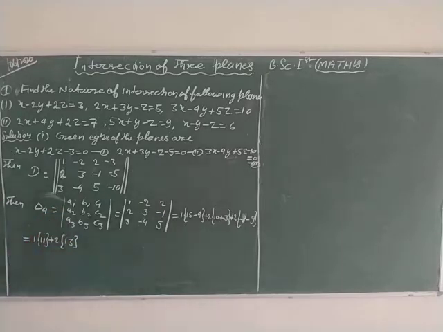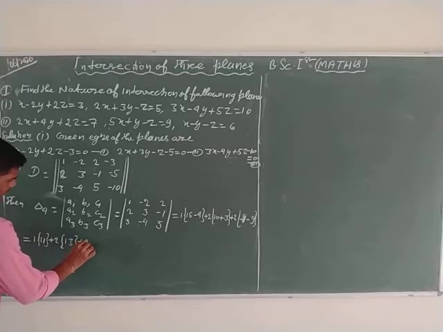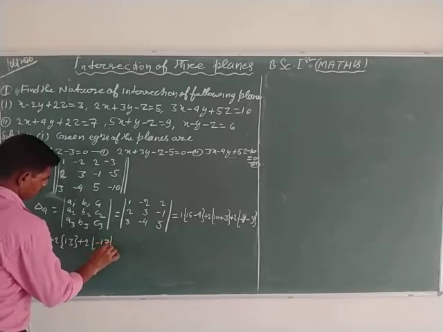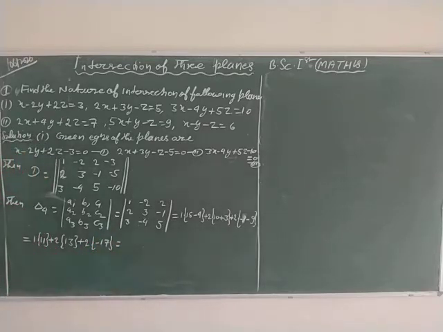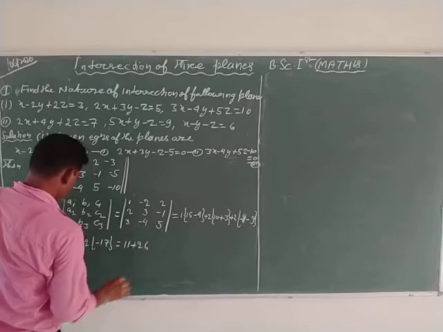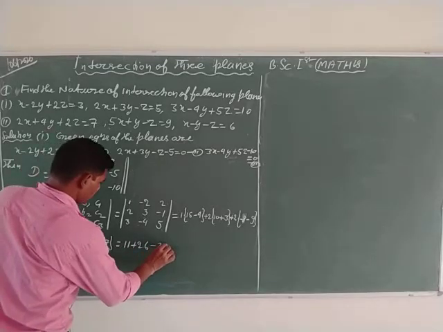At last plus 2 and multiply with minus 17 is equal to 11 plus 26, 11 plus 26 minus 34.